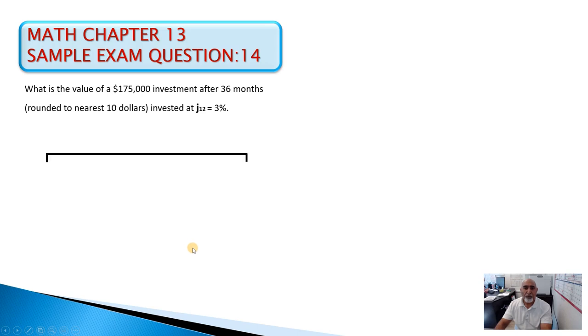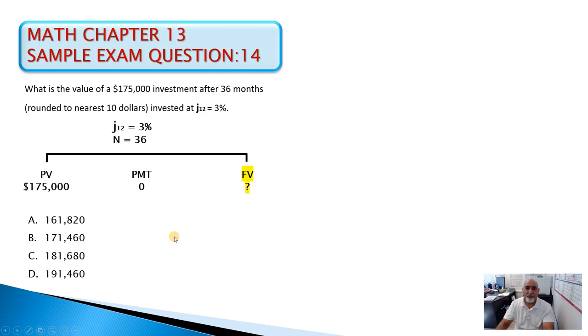Oh, one more question. Question number 14. What is the value of $175,000 invested after 36 months, rounded to the nearest $10 if the interest rate is J12 equals 3%? Okay, so we have our interest rate, $175,000 for the PV, payment 0. We're looking for FV. These are the choices.